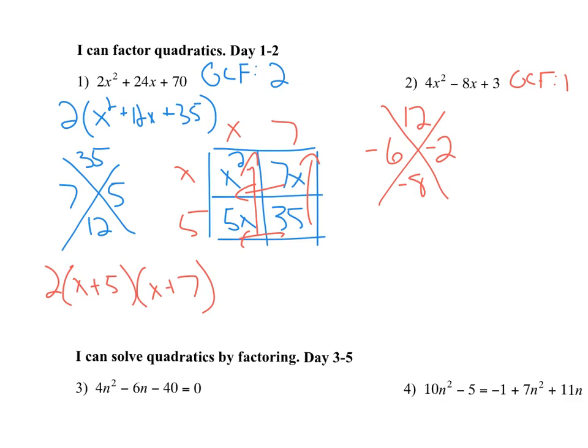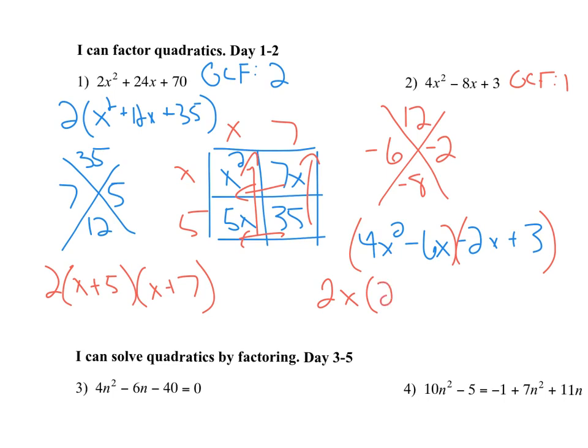And then this time I'll do grouping for those of you who like grouping. And so we get 4x squared minus 6x minus 2x, and then plus 3. Then group. So here we factor out a 2x, and that leaves us with 2x minus 3.